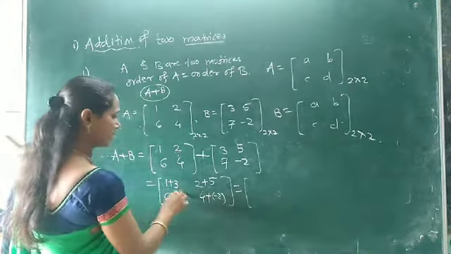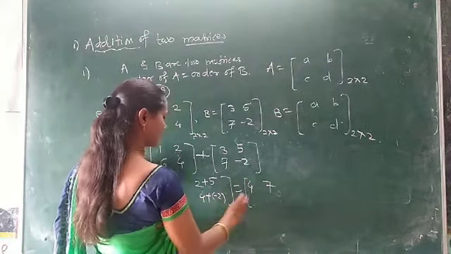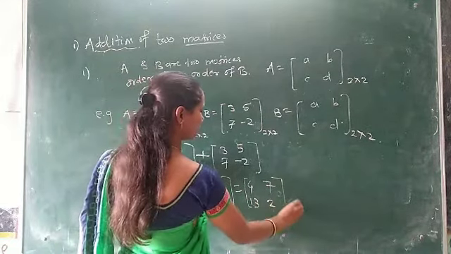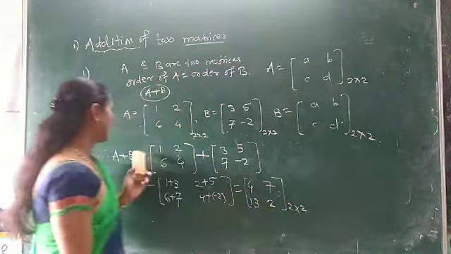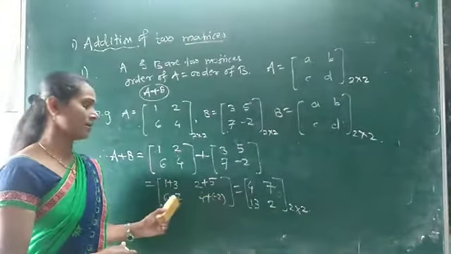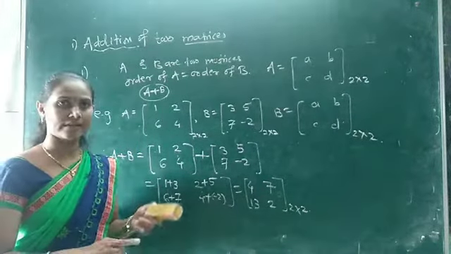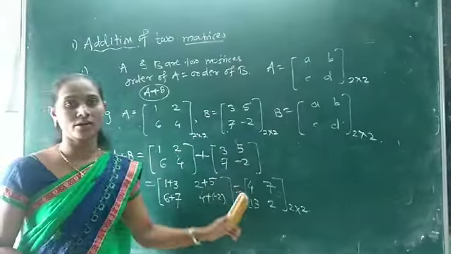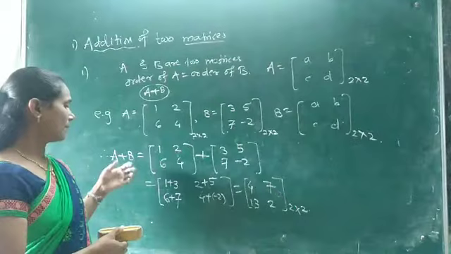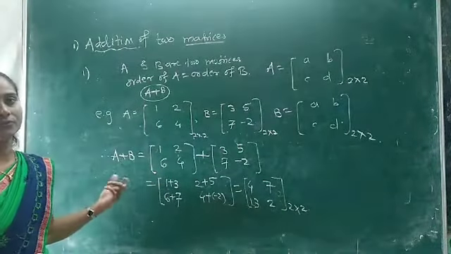So we get 4, 7, 13, and 4 minus 2 is 2. If A and B are of the same order n, then A plus B also has order n. Here A and B both have order 2, therefore A plus B also has order 2. So this is the addition of two matrices.